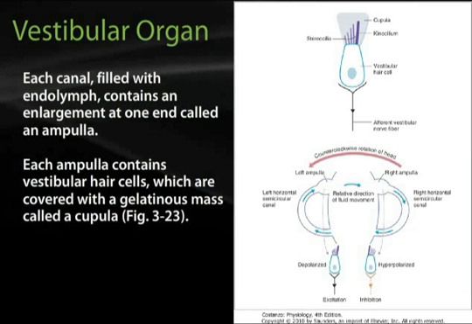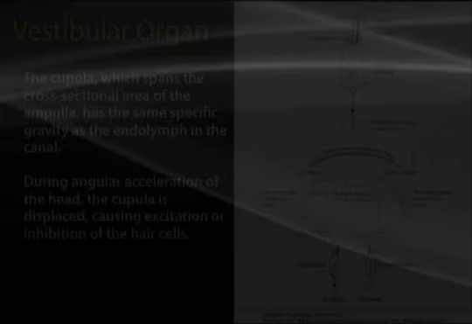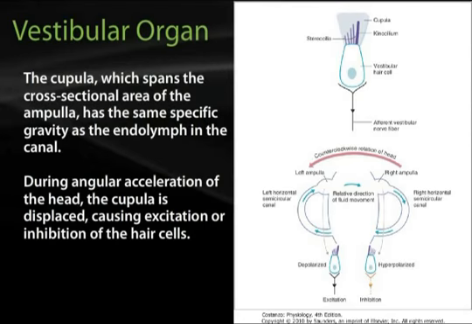Each ampulla contains vestibular hair cells, which are covered with a gelatinous mass called a cupula. The cupula, which spans the cross-sectional area of the ampulla, has the same specific gravity as the endolymph in the canal. During angular acceleration of the head, the cupula is displaced, causing excitation or inhibition of these hair cells.